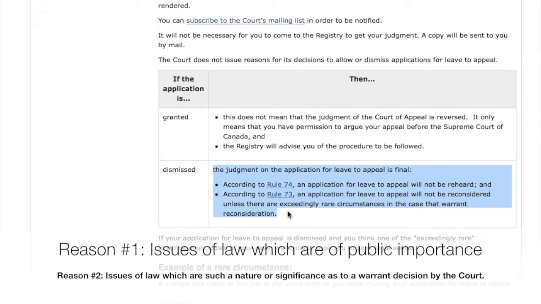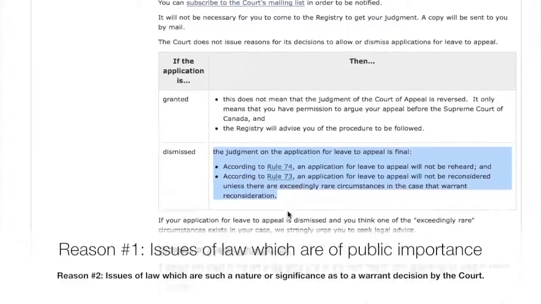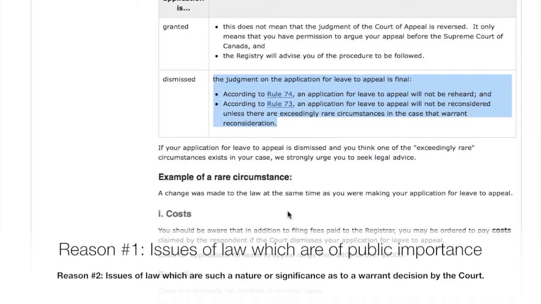So your application for leave to appeal is typically final, and only in rare circumstances may an application for leave to appeal be reconsidered or reheard.